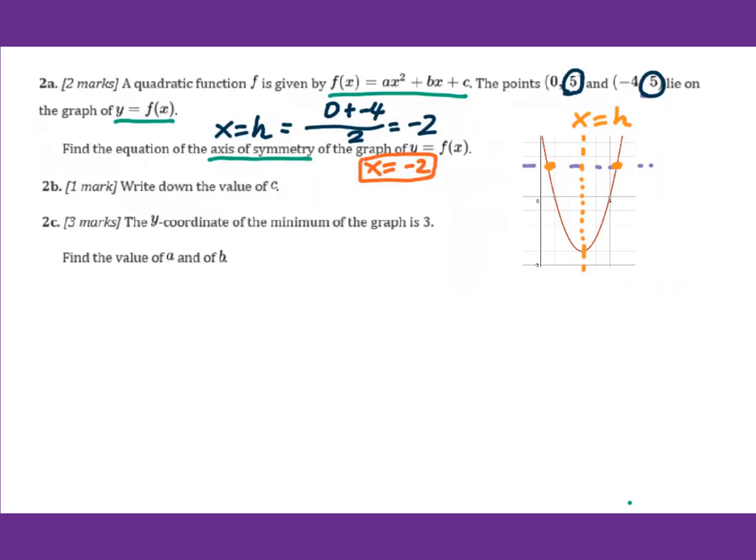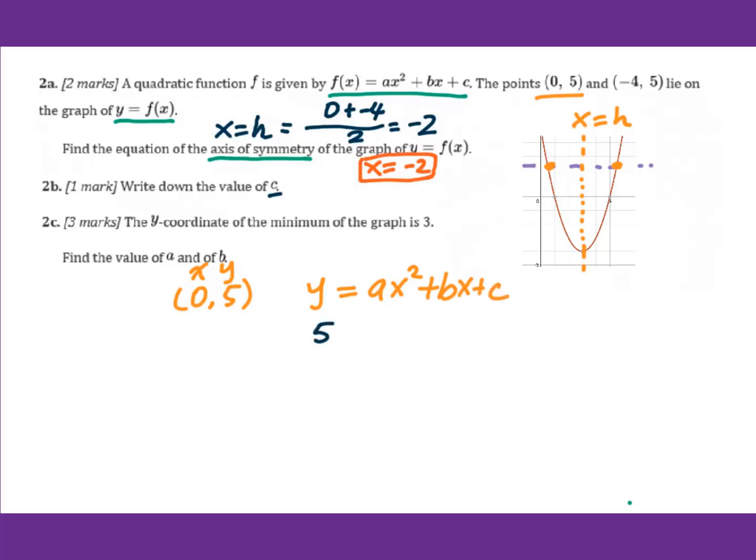Write down the value of c. When you are given the points on the graph, you just need to plug in. Therefore, I plug in 0 and 5. This is x, this is y. Go to y equals ax squared plus bx plus c.